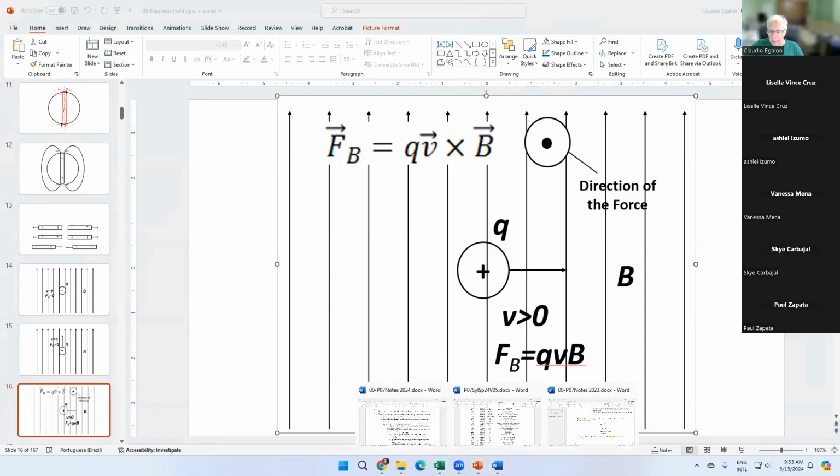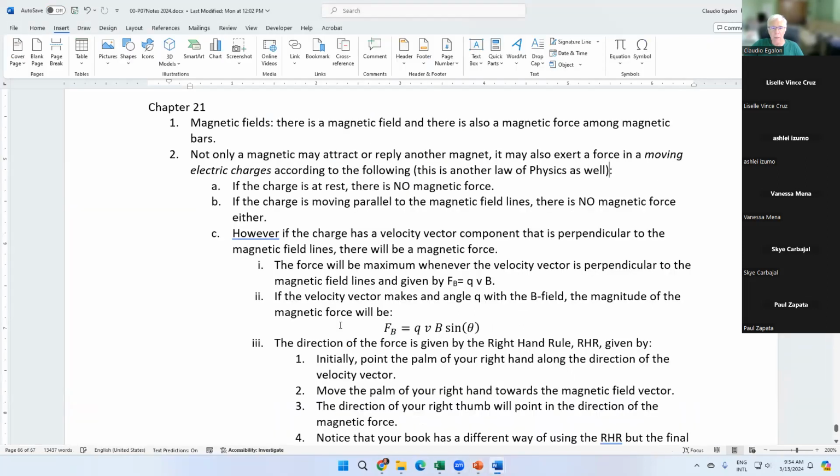And we can go back here. It's all documented here, what I showed to you there. If the charge is at rest, there is no magnetic force. If the charge is moving parallel to magnetic field lines, there's no magnetic force either. However, if the charge has a velocity vector component that's perpendicular to the magnetic field lines, there will be a magnetic force.